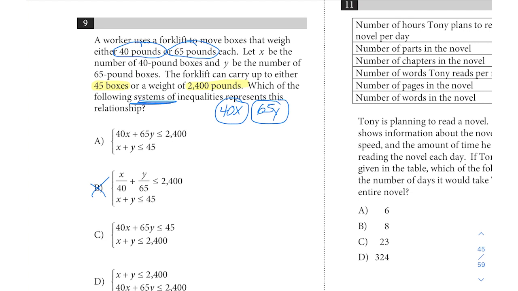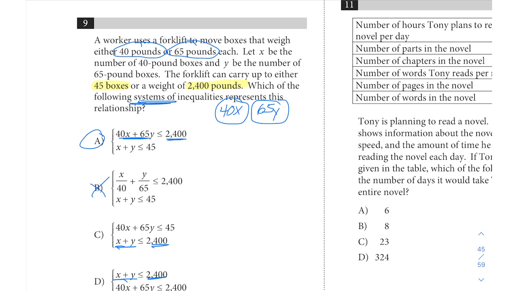So here, when you see 40 and 65, that should be used in an equation that tells you the number of pounds. So here, 2400 should be related to the 40x and the 65y. And the 45 is just x and y. We already know it's answer choice A.